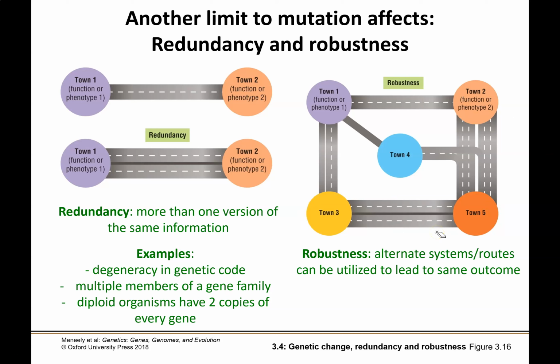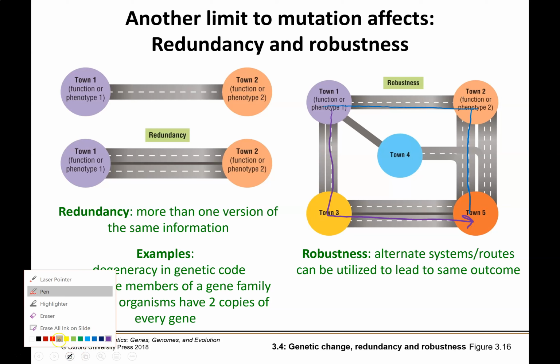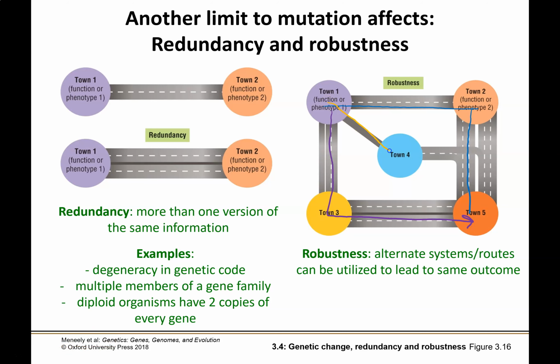But on top of that, we also have robustness. So you can get from town 1 to town 5 in multiple ways. You can go from town 1 to town 2 and get to town 5. Or you can go from town 1 to 3 to 5. Or you can go from town 1 to 4 to 5.